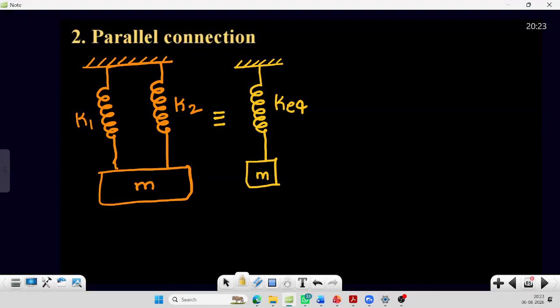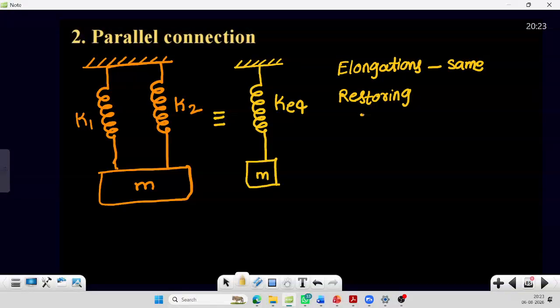Now in this case, what happens? Elongations are same, but here restoring forces are different.